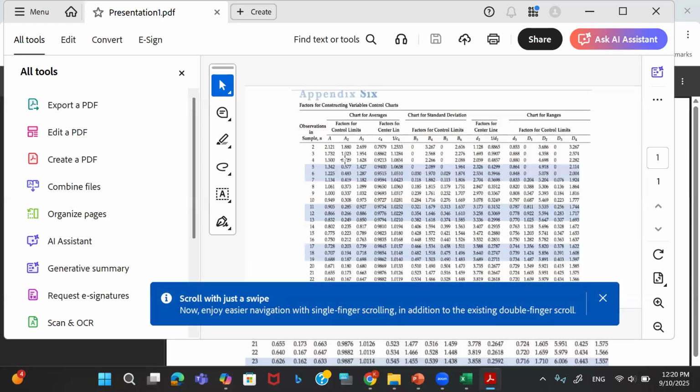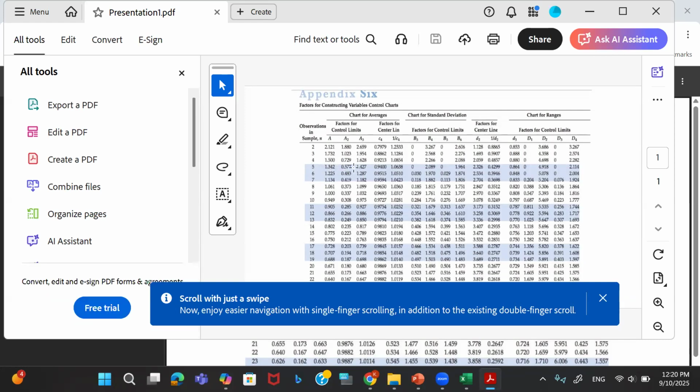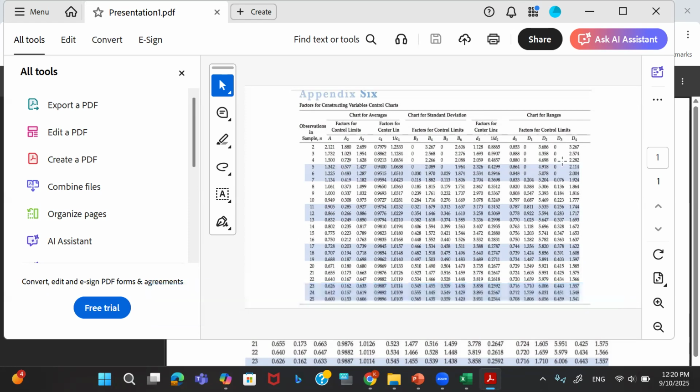You see, for sample size 4, 0.729 is the A2. And I also need D3 for the R chart, which is 0, and D4 is 2.282. Again, sample size 4, A2 is 0.729.